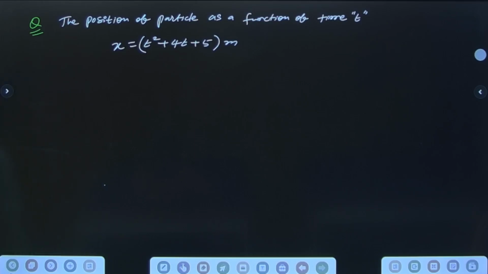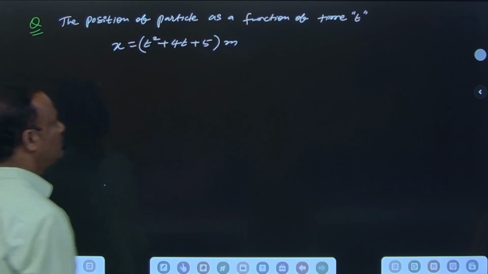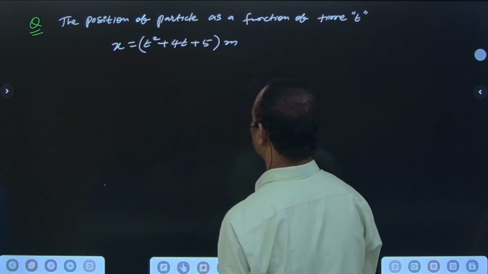Find the net displacement from t equals 1 second to t equals 4 seconds.